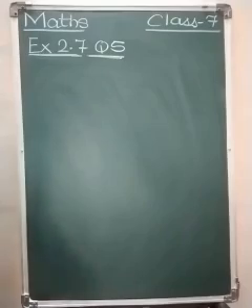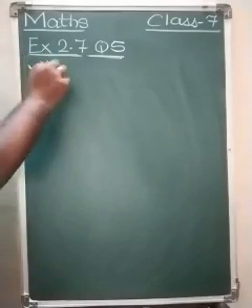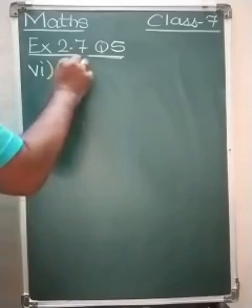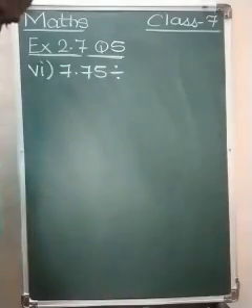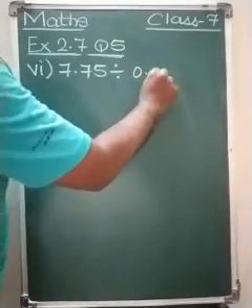Sixth sum we will do. 7.75 divided by 0.25.